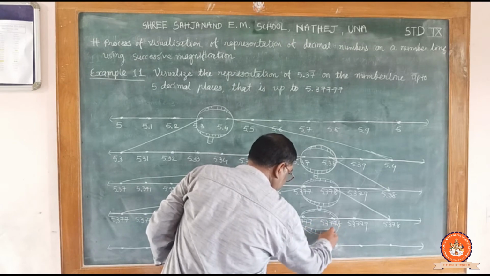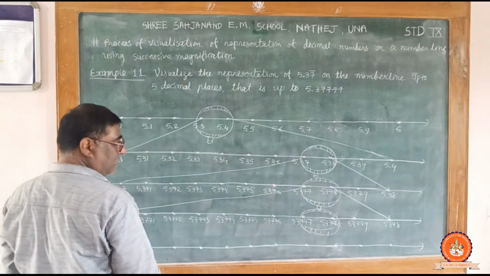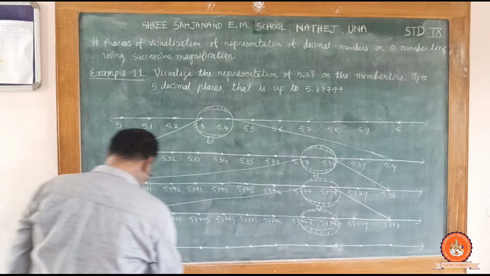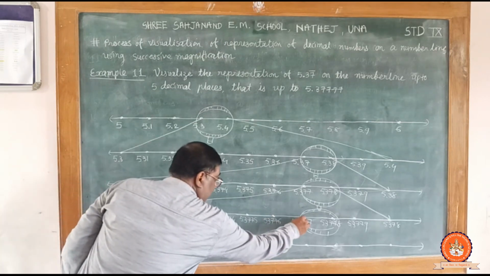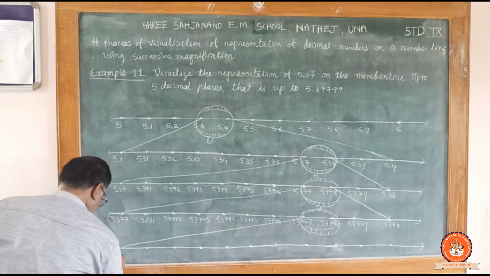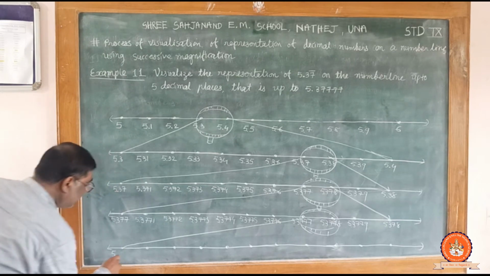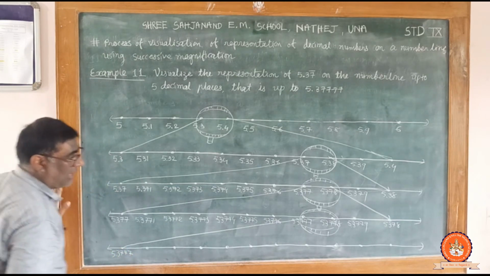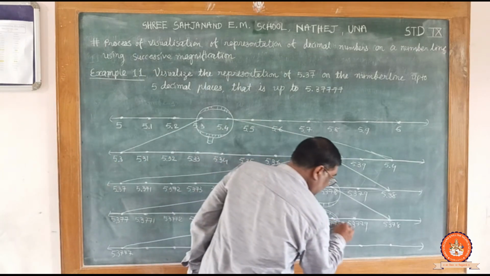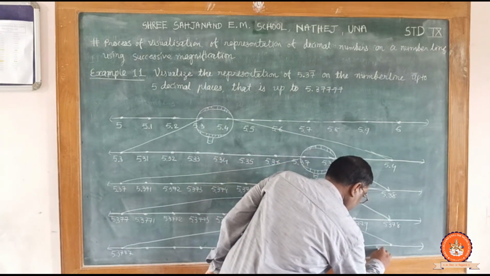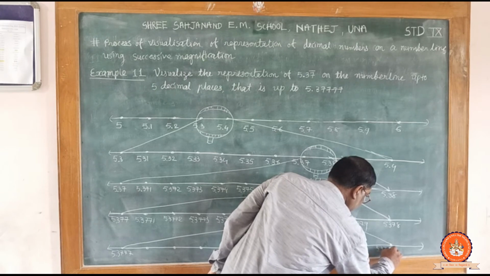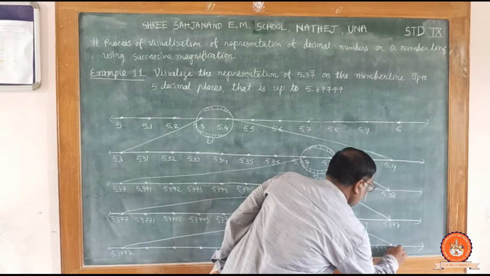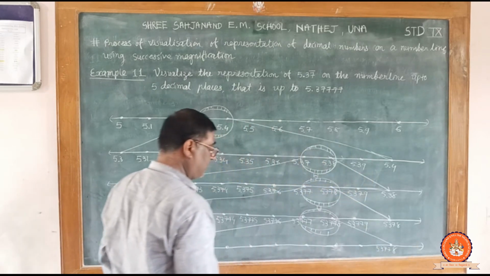Okay. So 5.3777 will be here, and 5.3778 will be here.